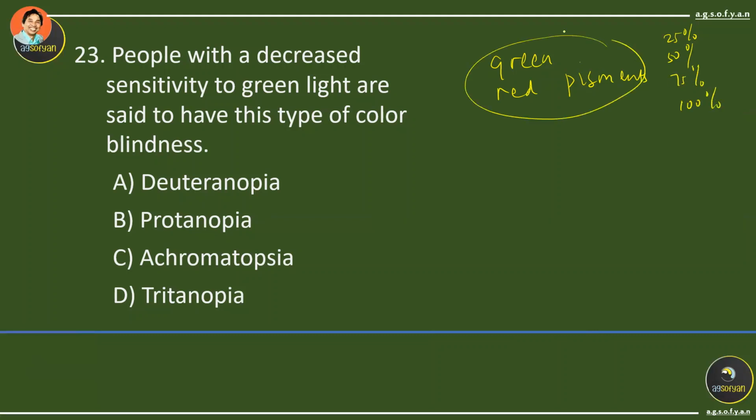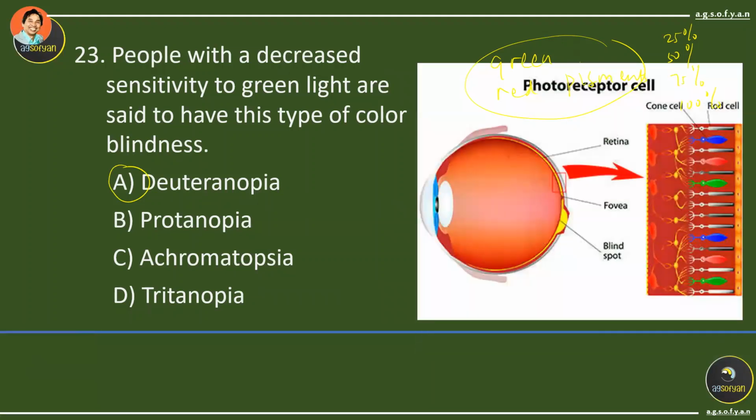So if it is related to greens, lack of green pigment, this condition is called deuteranopia. This is the terminology for green color blindness.